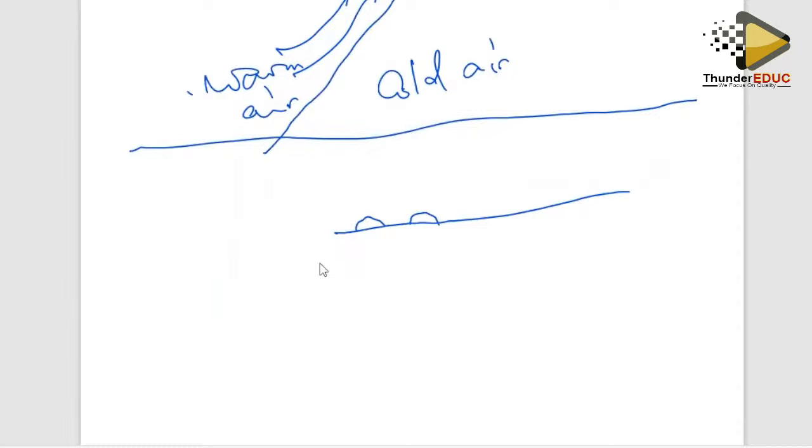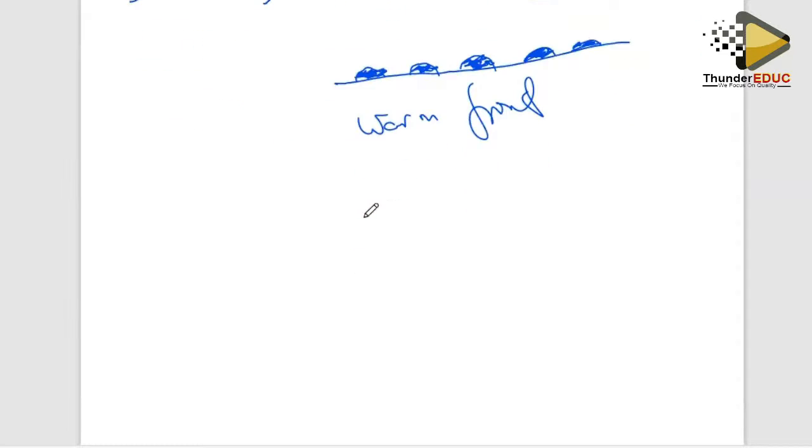This is different from the triangles. These are semicircles that we put and shade, like that, on a straight line. That is how a warm front is indicated on a synoptic map. So whenever you see this, it means there is a warm front, meaning warm air which is trying to advance into an area with cold air.